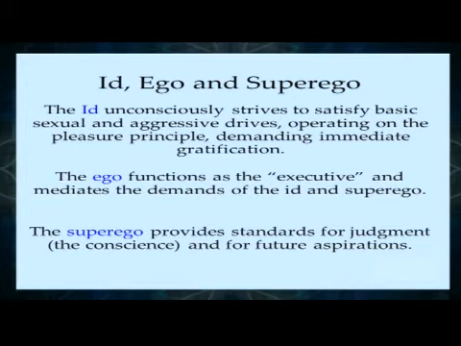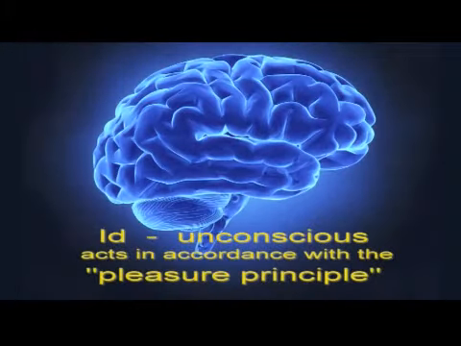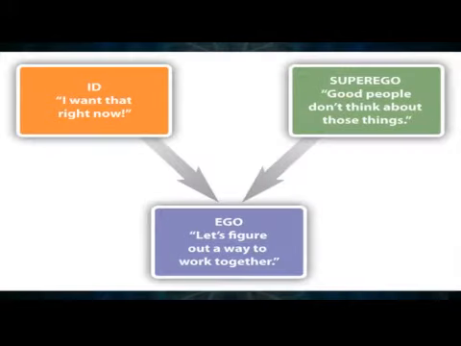The id is the completely unconscious, impulsive, childlike portion of the psyche that acts in accordance with the pleasure principle. It seeks immediate pleasure and gratification and avoids pain. The ego is rational and works to balance both the id and superego and mediates between the desires of the id and the superego.